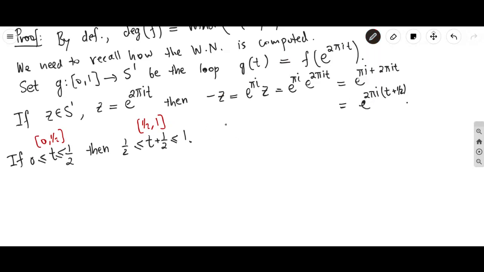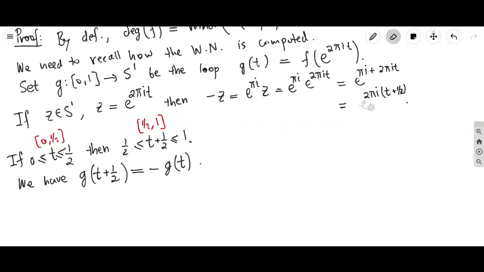And notice that negative z is, so this is what t is being set equal to, so we have in this case that g of t plus 1/2 is equal to negative g of t.